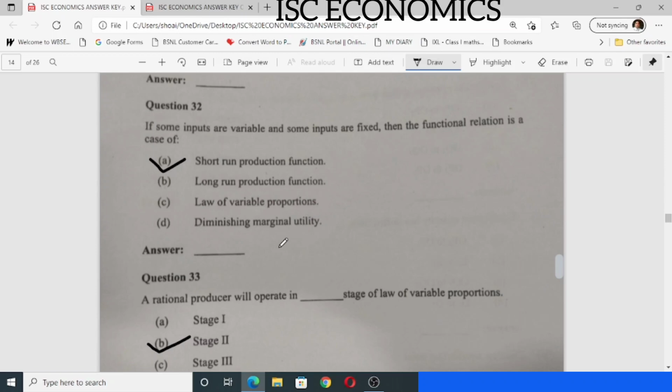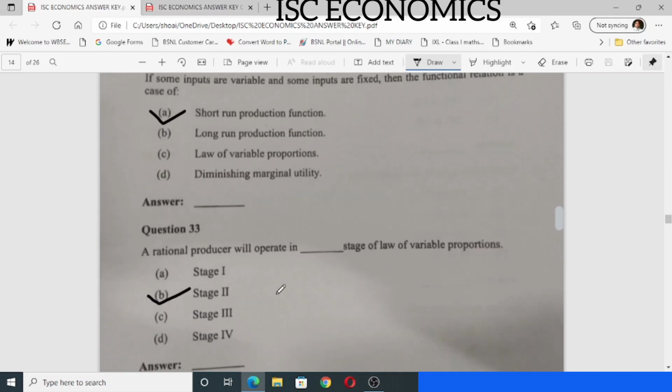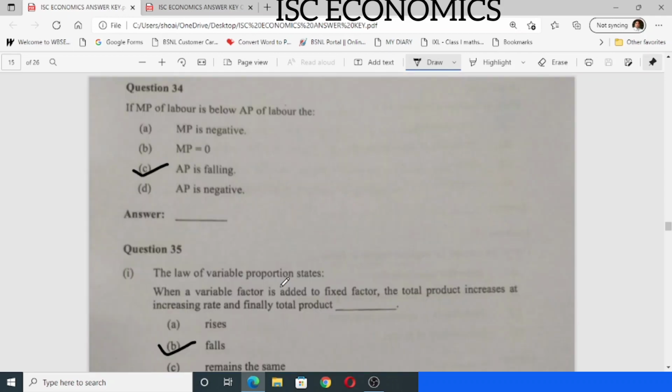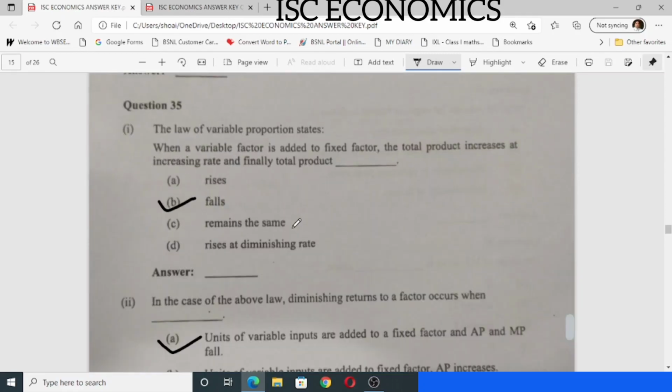Question number 32, A is the correct answer. Question number 33, B is the correct answer. Question number 34, if MP of labor is below AP of labor, the right answer is AP is falling, C. 35.